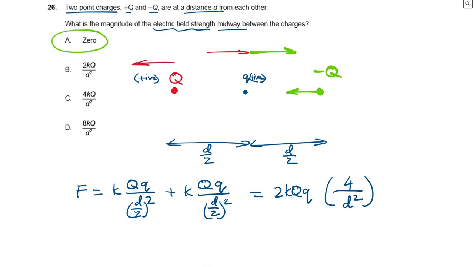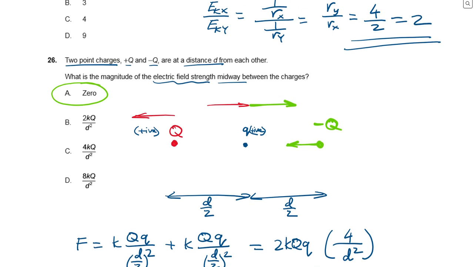You see where I get that from. This becomes 4, and then it comes up. And we have 8kQq over d squared. Looking at this, we can tell it's just this.